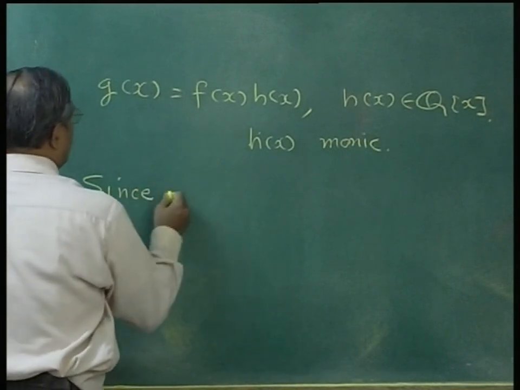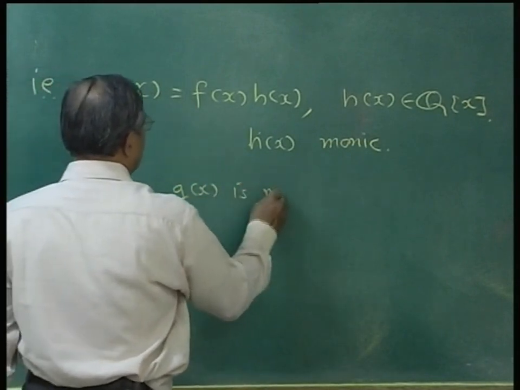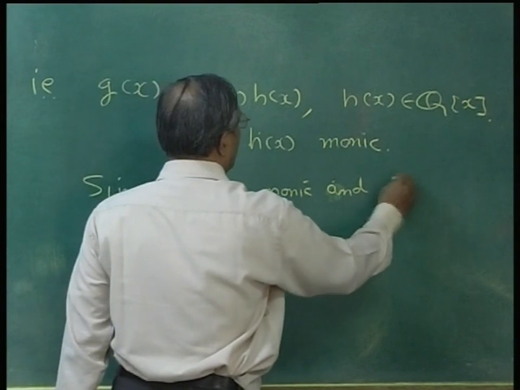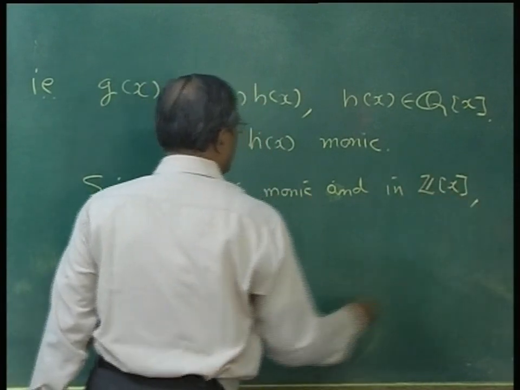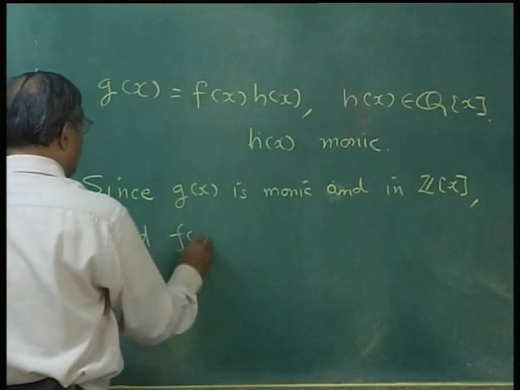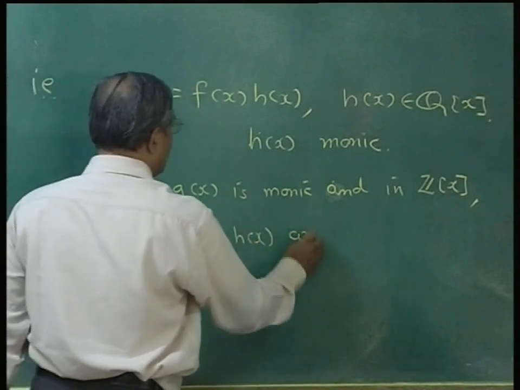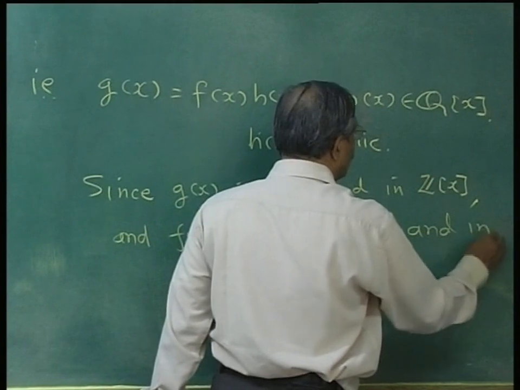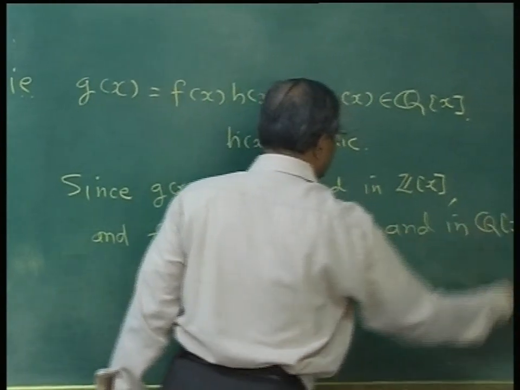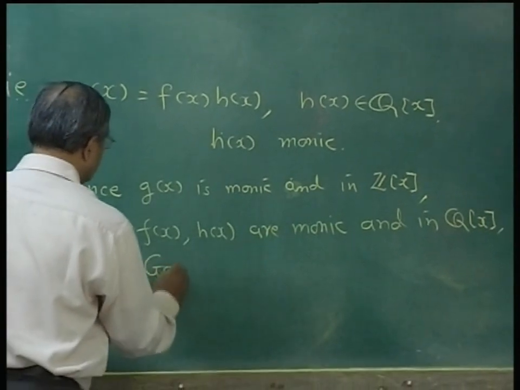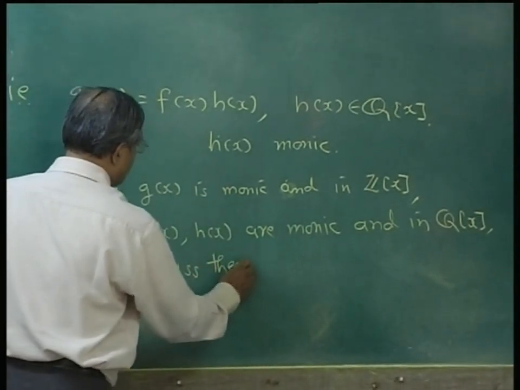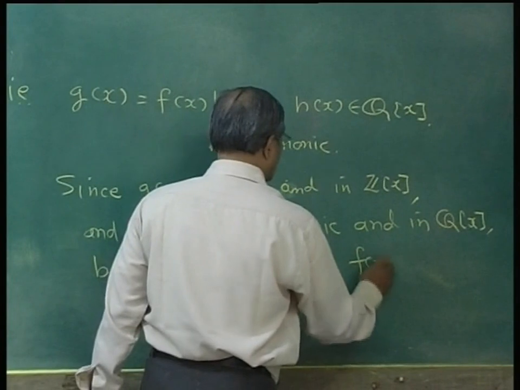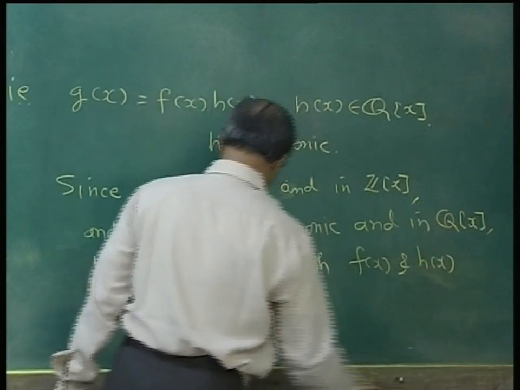Since g(x) is monic and in Z[x], and f(x), h(x) are monic and in Q[x], by Gauss theorem, both f(x) and h(x) are in Z[x].